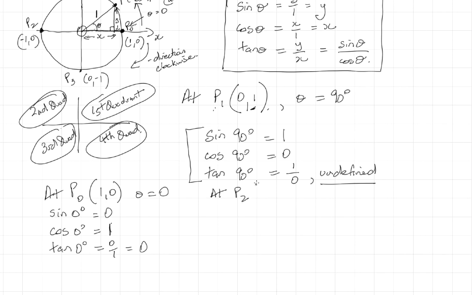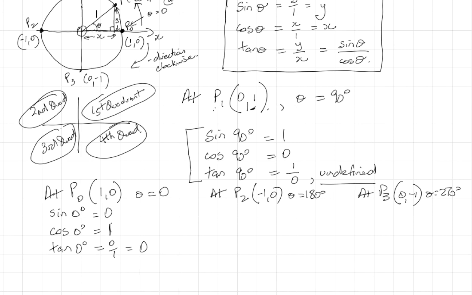At P2, the coordinates, looking at our diagram, are (-1, 0), and theta equals 180. And at P3, which is down there, the coordinates are (0, -1), theta equals 270 degrees. And we can work out sine, cos and tan of 180 and sine, cos and tan of 270.